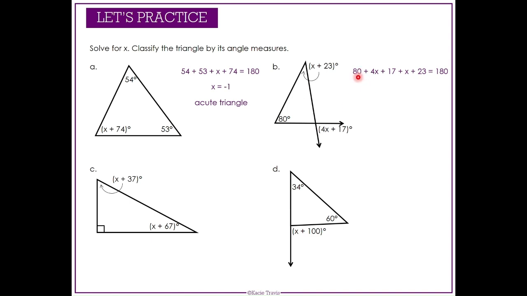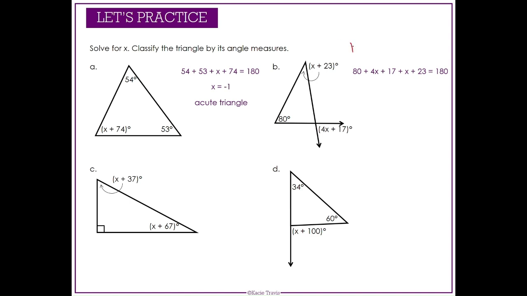So that means you're adding 80, 4x, x plus 17, x, and 23. When you go through and do that, I got x and x, that's 5x. I got, let's see, that's 97 plus that, so this is 120 plus 5x. Let's go through and write that down just so we can keep track of that, okay?